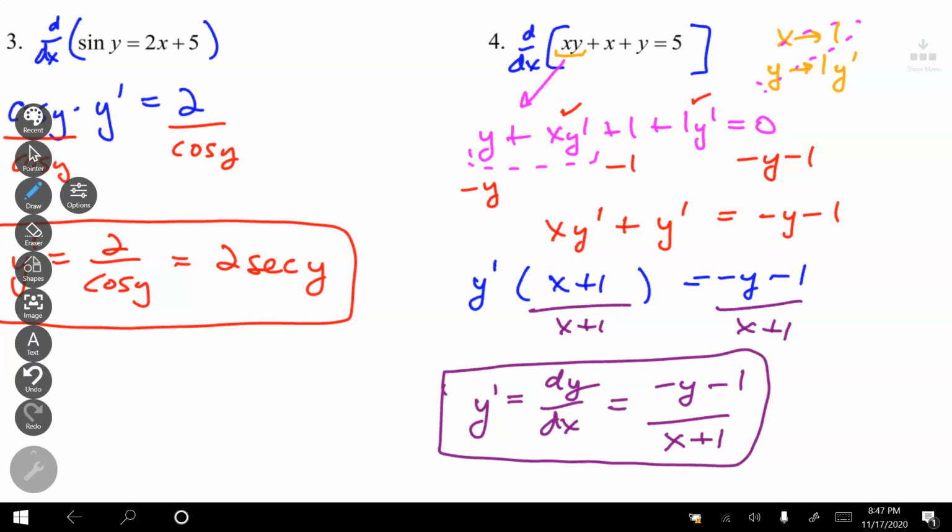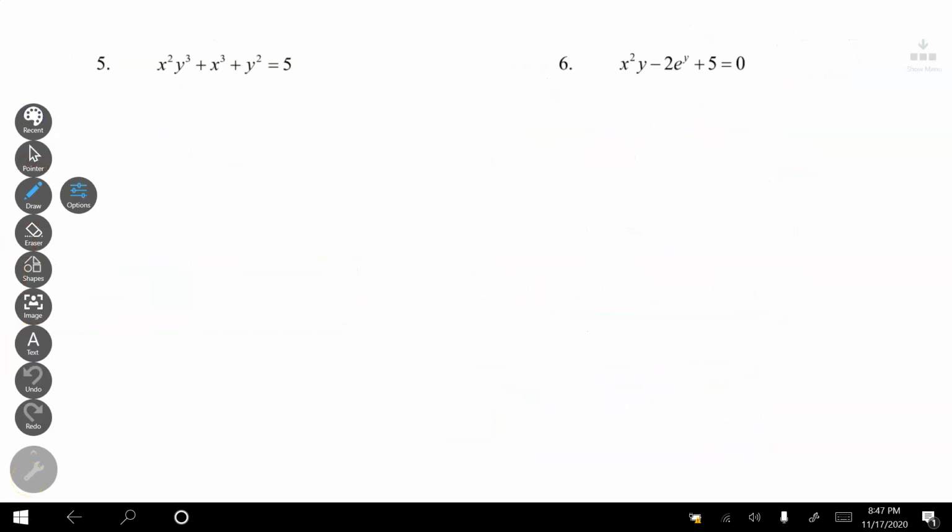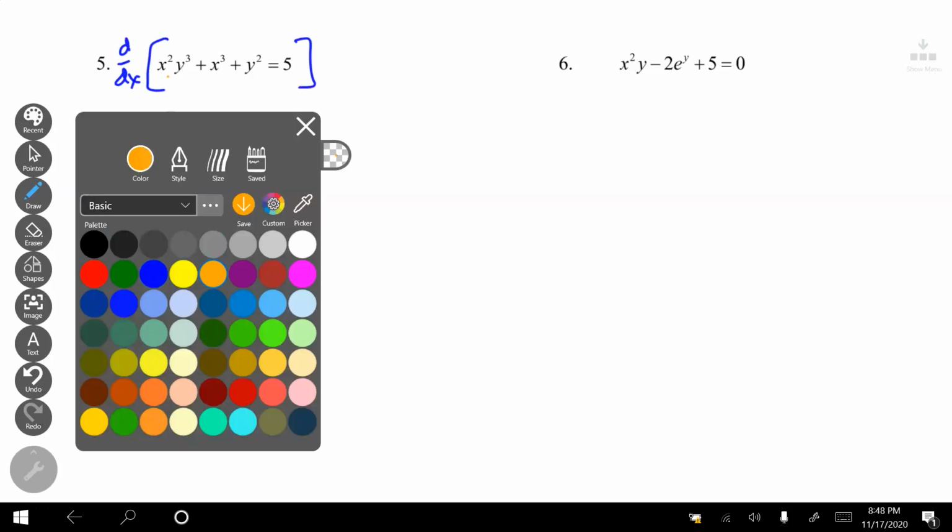A nice derivative. Okay, the front page were somewhat easier ones. This back page is going to be a little bit harder because when I take the d dx of this whole thing, again, right away, I see a product rule right here. So I'm going to do an x squared, 2x, I'm going to do a y cubed, 3y squared. Oh yeah, anytime there's a y, I got to put in an extra.